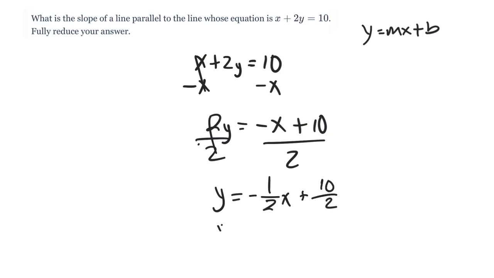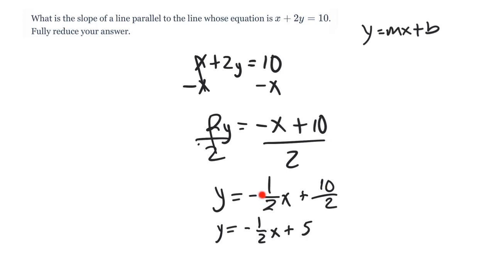I got to reduce that part now. Now the negative 1/2 x doesn't reduce, right? It stays the same because that's reduced as simple as it gets. And there's only one negative. It's not like we got to cancel out signs or anything. So I'm just going to have negative 1/2 x, and then 10 over 2 divides out to 5.